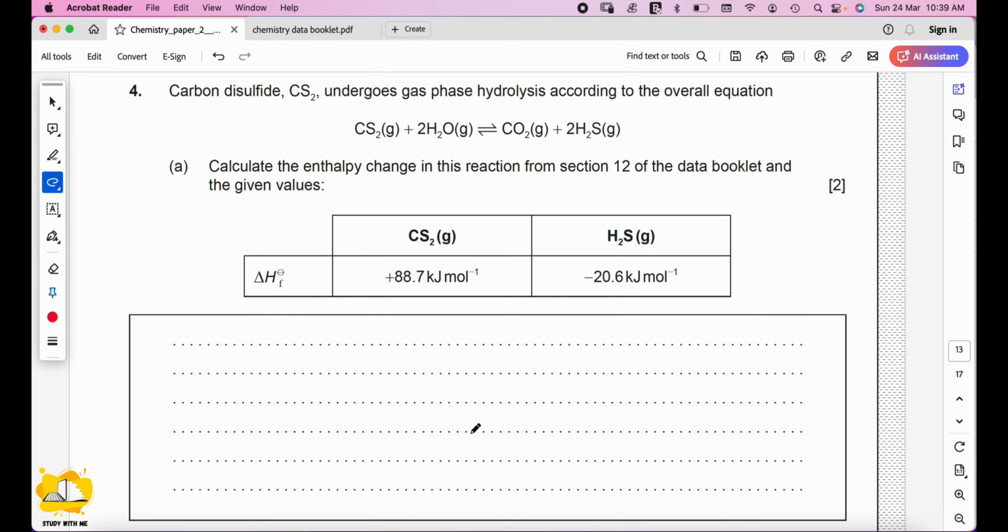Carbon disulfide CS2 undergoes gas phase hydrolysis according to the overall equation. Calculate the enthalpy change in this reaction from section 12 of the data booklet and the given values.